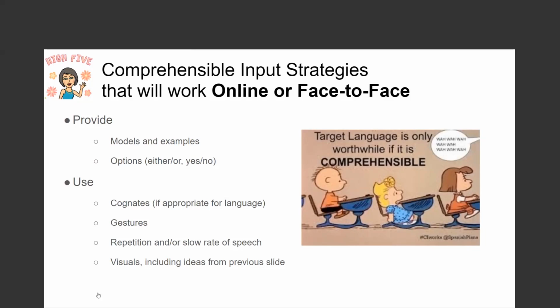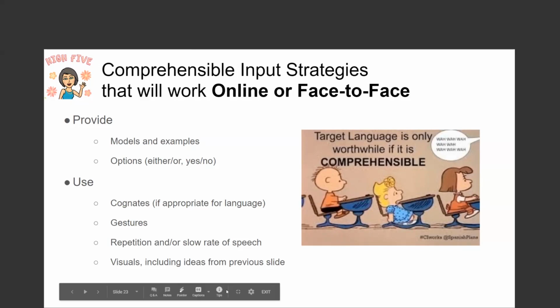If they don't understand the question we've asked, then we give an either or option as potential answers to help them start to understand that question without translating in English. We use cognates often if we can. We use gestures. Sometimes we slow down our rate of speech, and we use lots of visuals to help make that language comprehensible. And so that's going to continue to be true in the online environment if that's how your district is starting the year, as well as in face-to-face.